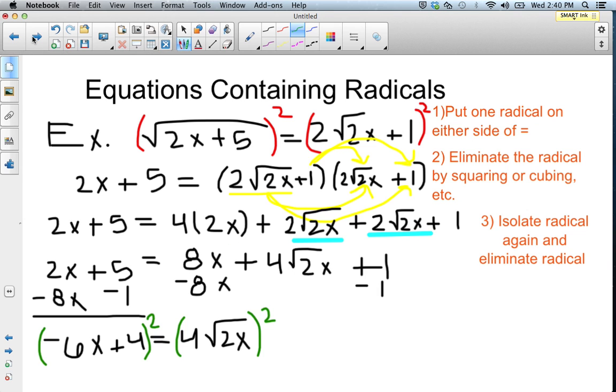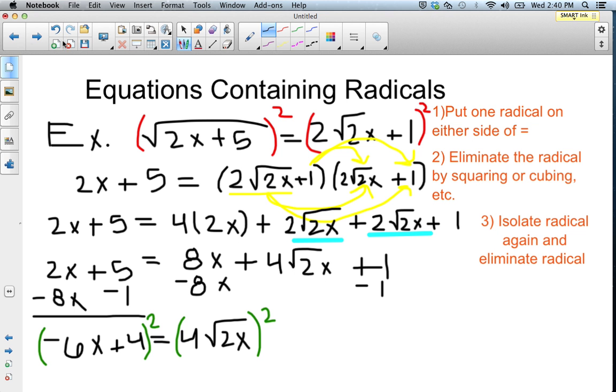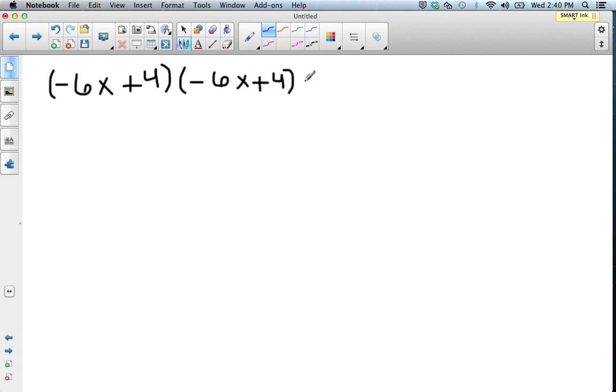So we'll have on the left side negative 6x plus 4 squared, which is negative 6x plus 4 times negative 6x plus 4. And on the right side we have 4 times square root of 2x, squared.